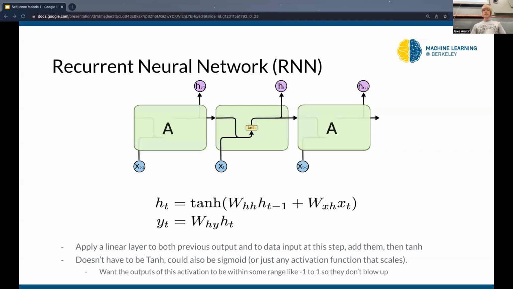Hopefully the values inside of our weight matrices, W_hh and W_xh, learn good values that will spit out meaningful data, especially when you start stacking multiple layers, so you have A leading into B. The more of these you stack, the more complex functions you can learn. Are there questions about the mechanics that are happening here?